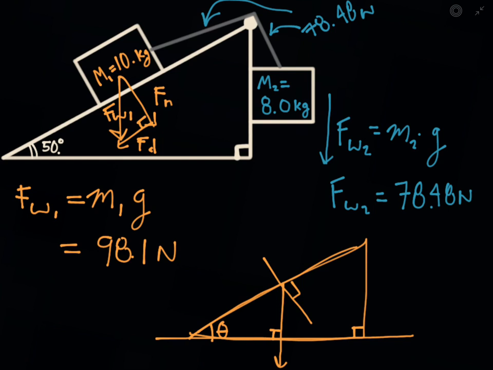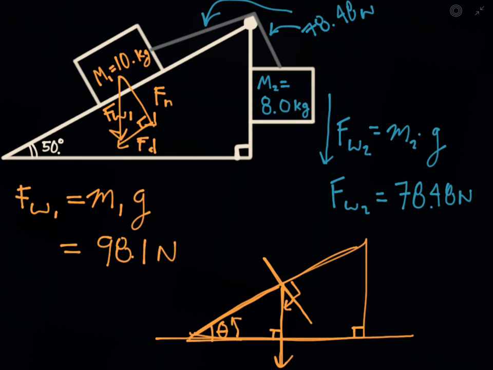So if the force of gravity is perpendicular to the table, and I have some angle that goes from the table up to the ramp, and separately I know that the normal force is perpendicular to the surface of the ramp, then the difference between the two perpendicular things is also theta.